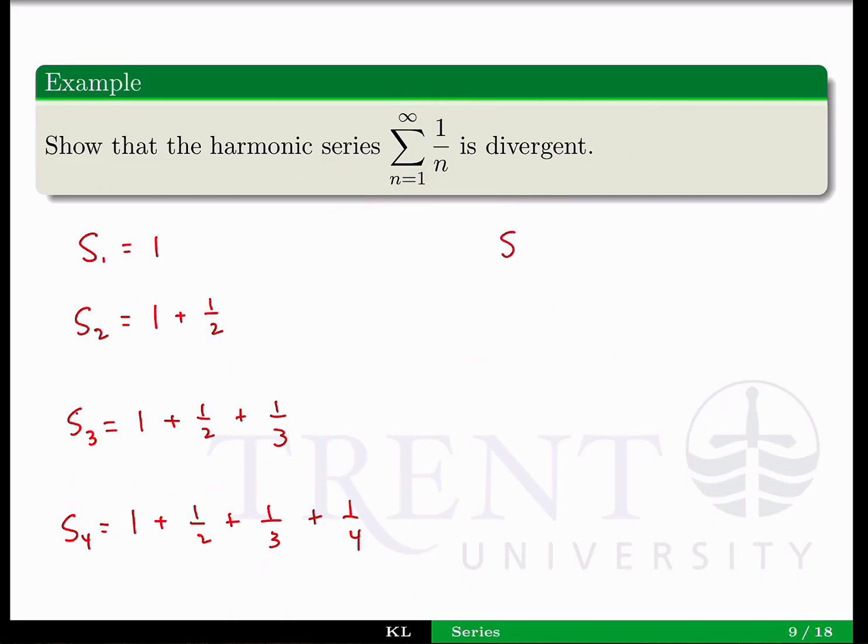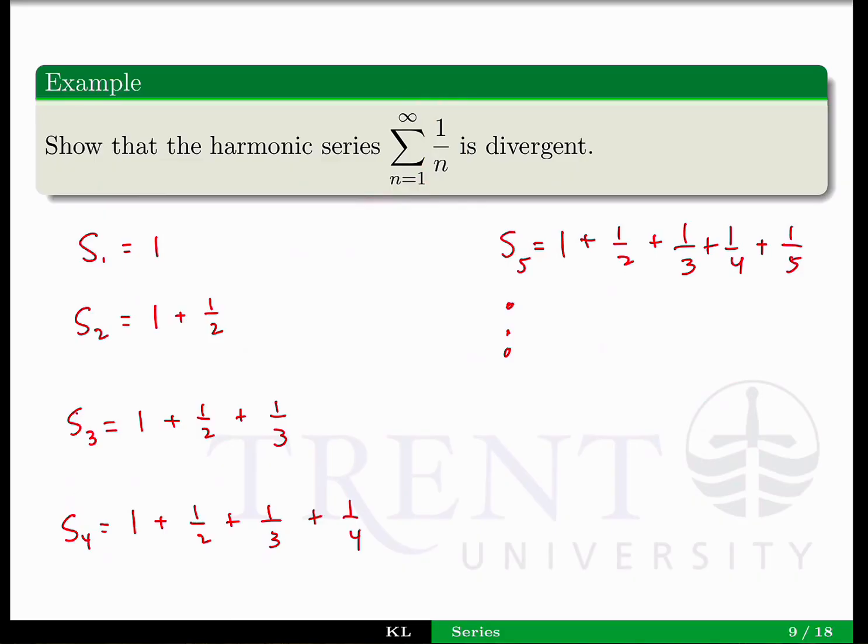S5 is 1 plus 1 half plus 1 third plus 1 fourth plus 1 over 5. And let us skip some S's.